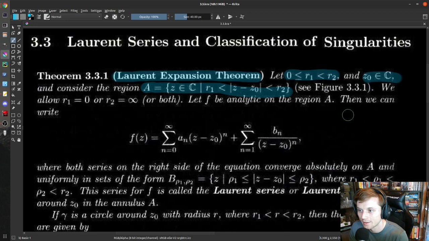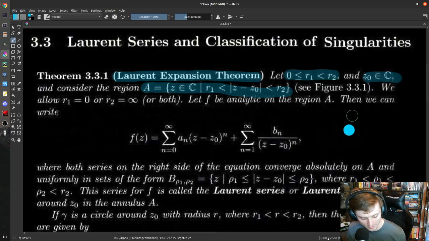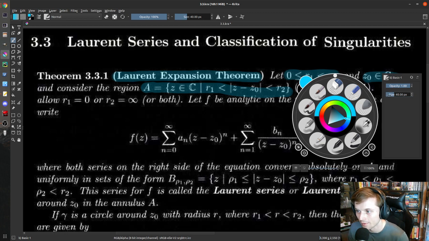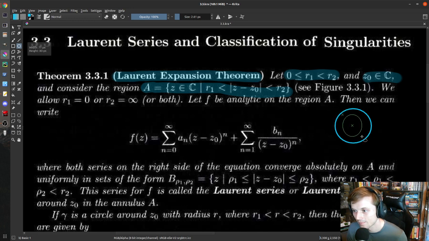They say see figure 3.3.1, but I'll just draw this right quick. Why are all my brush sizes wrong? Weird. Anyways, basically just think of this. You've got two different little circles, and what we're looking at is this little region, right?